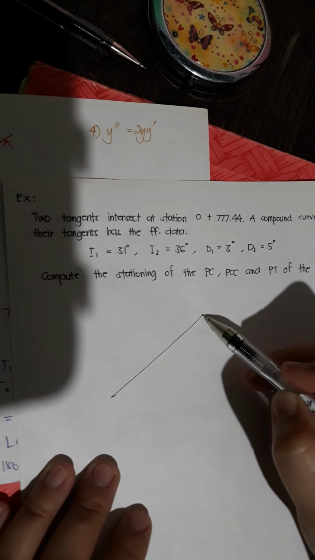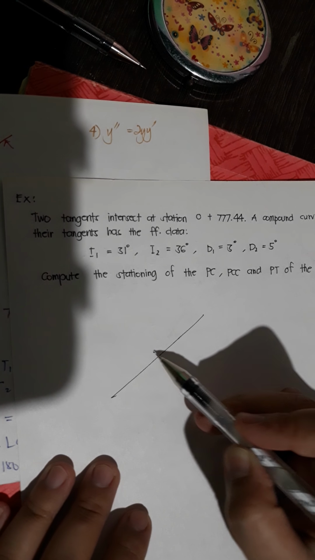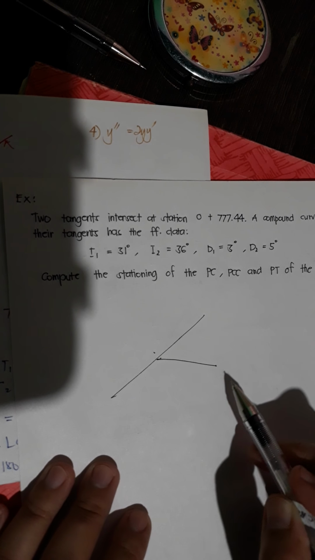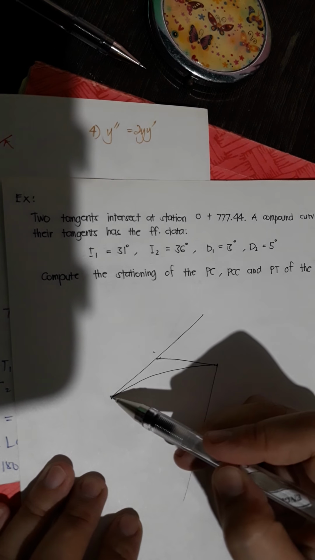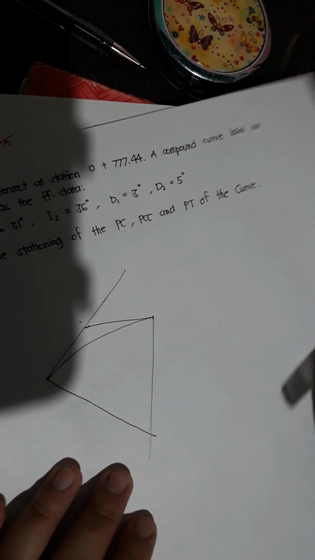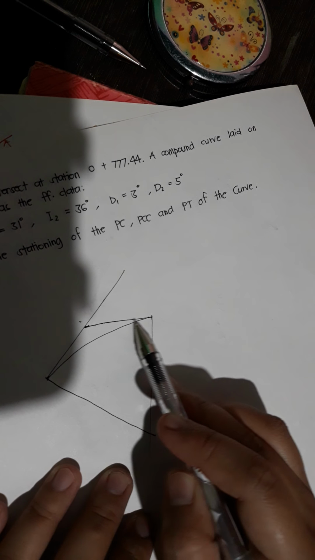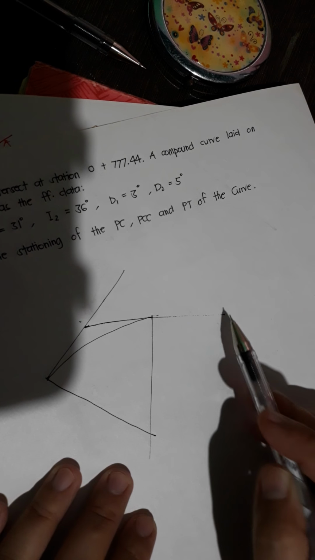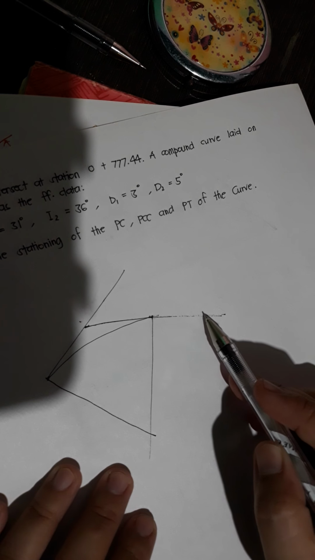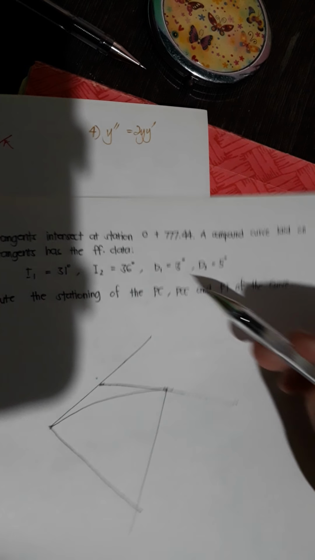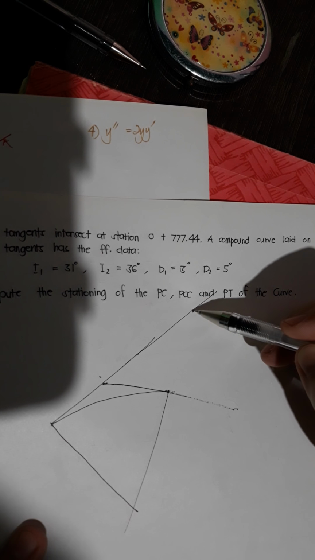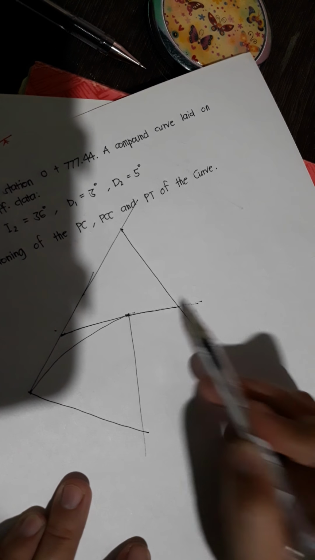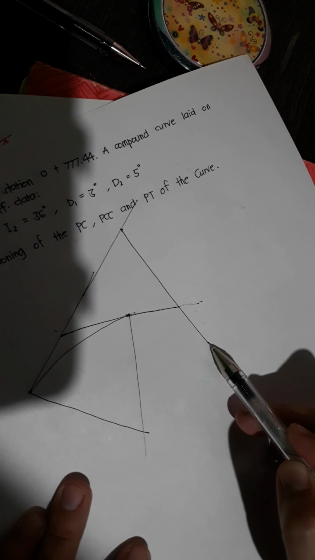So first, the first simple curve, then continue the tangent. Let's say here is the vertex. Now this is our second simple curve.